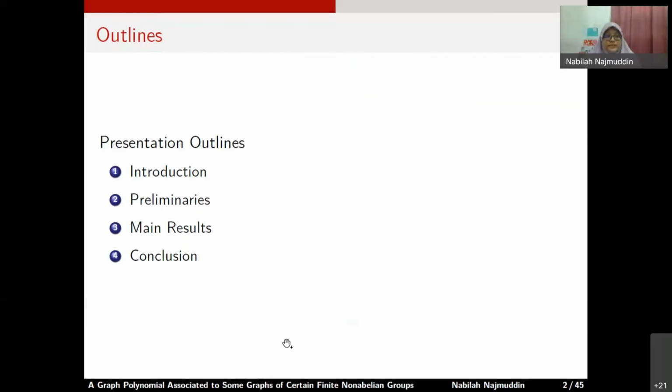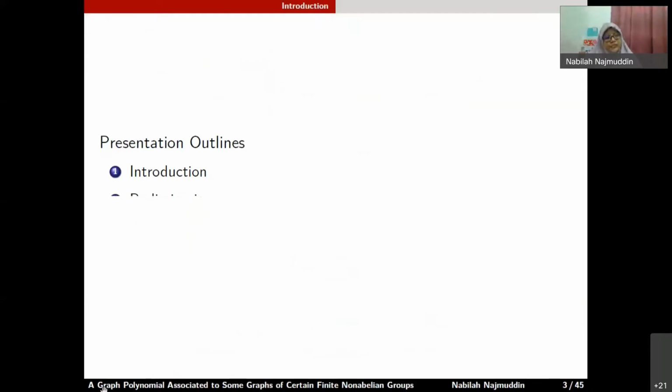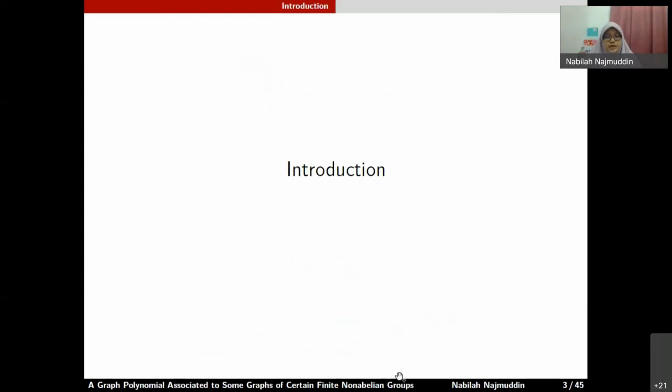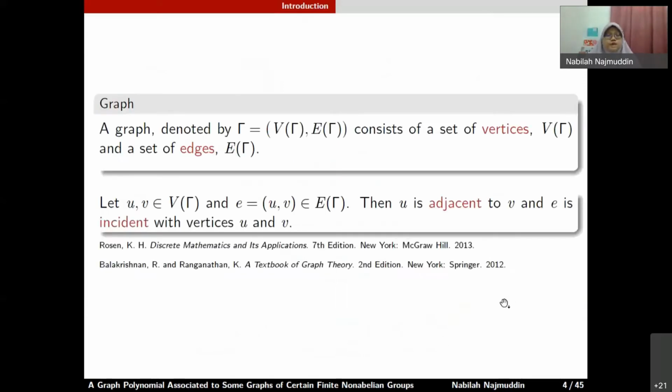As you see here, the title of my presentation is graph polynomial associated to some graphs of certain finite abelian groups. First, I would like to introduce what a graph is. A graph, we denote by gamma, equals V(gamma) and E(gamma), in which V(gamma) is the set of vertices and E(gamma) is the set of edges.